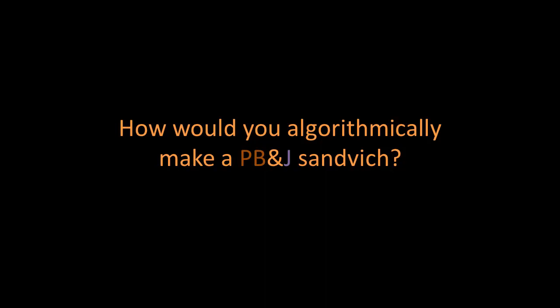Think about that. Write it down on a piece of paper. I want you to label your steps. Step number 1, get off your chair. Step number 2, grab some bread, etc. And then start with nothing, end with a peanut butter and jelly sandwich. Come back and I will tell you how I make my peanut butter and jelly sandwiches algorithmically.